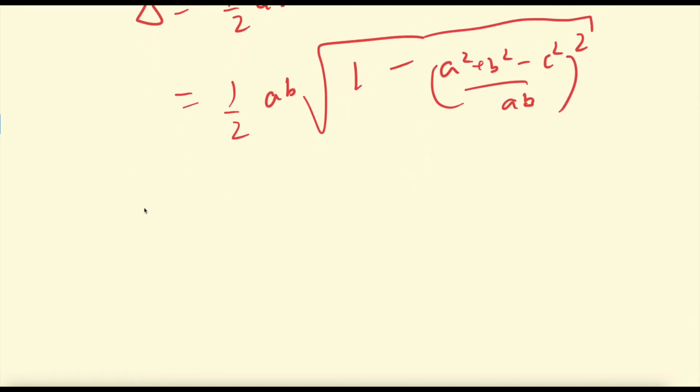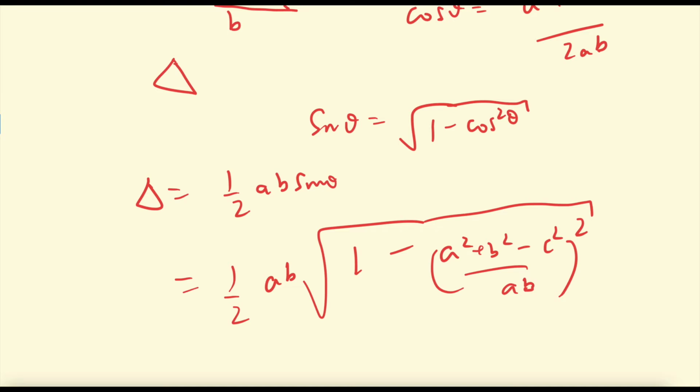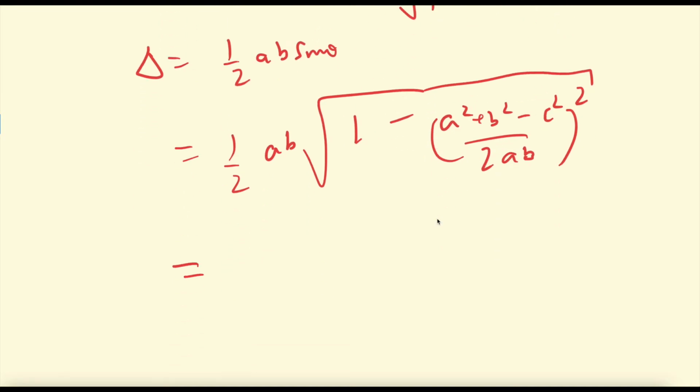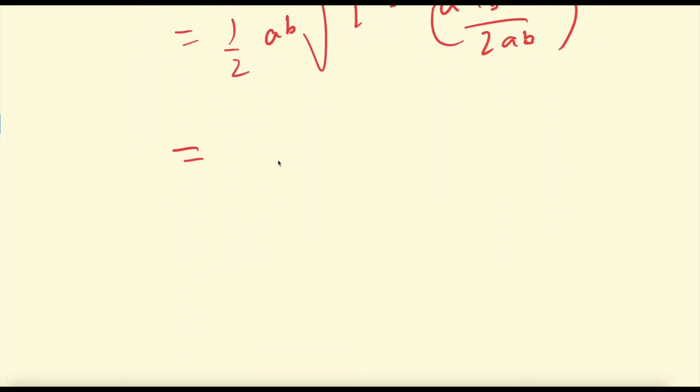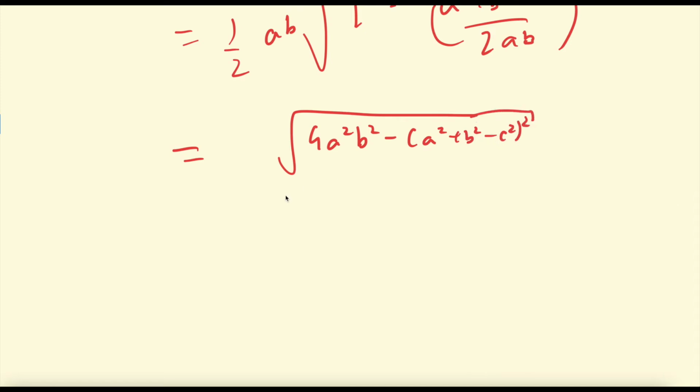So eventually if you simplify it, it will come out to, wait, no, this is not right, yeah, 2ab square. So if you simplify it, it will come out to root of 4a square b square minus a square plus b square minus c square whole square, by 4, and this is the area.